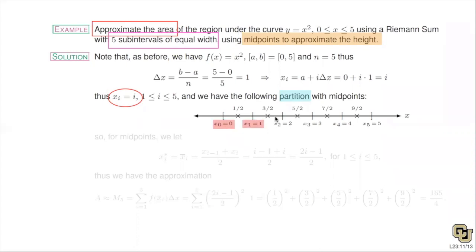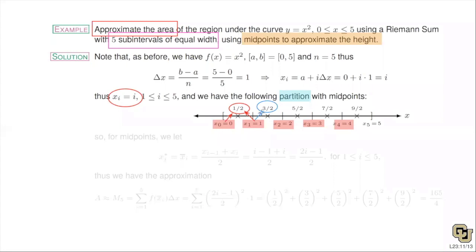But once I know the actual mile markers, x sub 0 is easy. So now I know where x sub 1 is. I know where x sub 2 is. I know where x sub 3 is. I know all these mile markers. Then I can simply average them. To find the midpoint, I'm now just averaging 0 and 1. To find this midpoint of 3/2 here, I'm just averaging the endpoints of this subinterval.